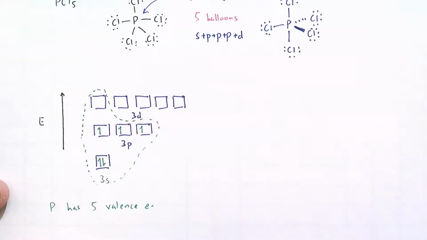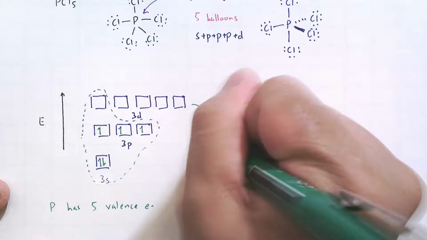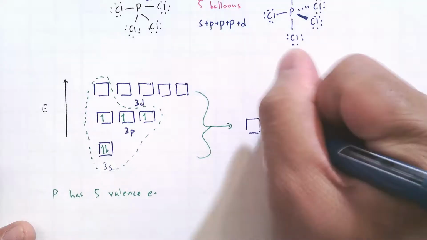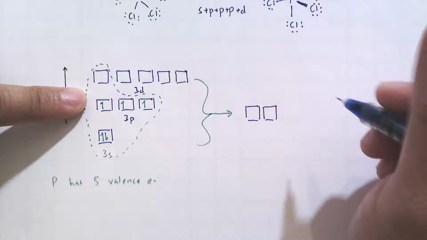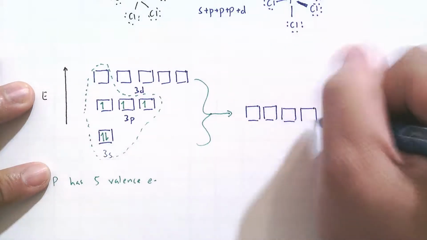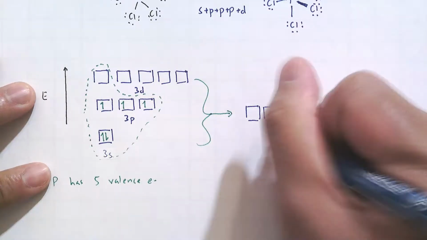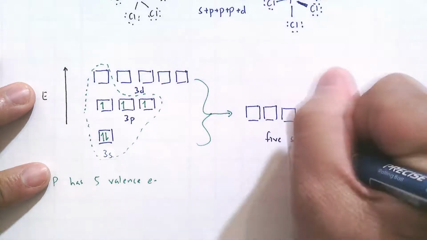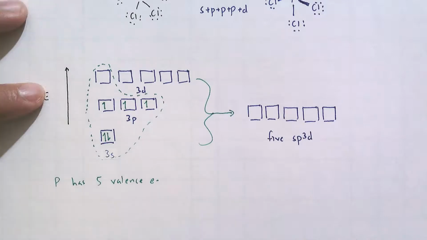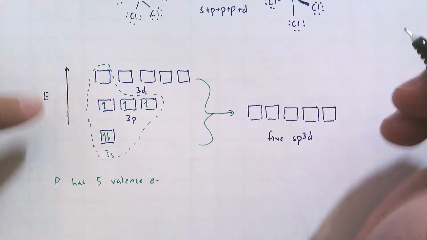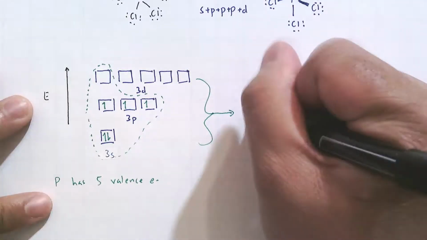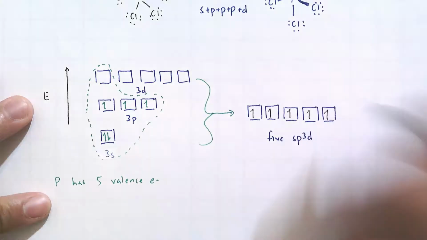When we mix those, it doesn't really matter where you put it, but I'm going to put it right here. Remember the conservation of orbitals? You mix 5 atomic orbitals, you get 5 hybrid orbitals of the same energy. And these are called the 5 sp3d hybrid orbitals. Then, when you use Hund's rule, you singly fill, because you only have 5 valence electrons: 1, 2, 3, 4, 5.